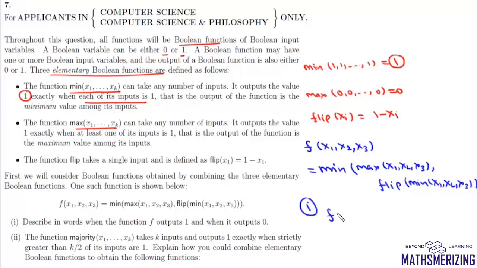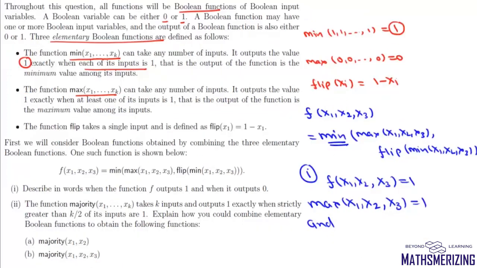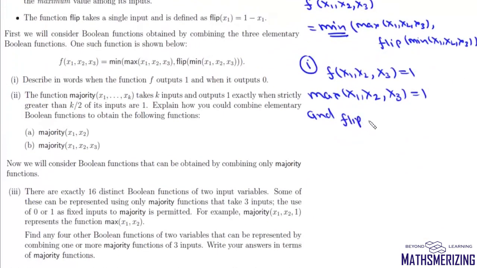Now this function outputs 1 and we have this function minimum here, and we know that the minimum outputs 1 if and only if all the entries are 1. So in this case, this max of x1, x2, x3 should be 1, and this flip of minimum of x1, x2 and x3 should be 1.